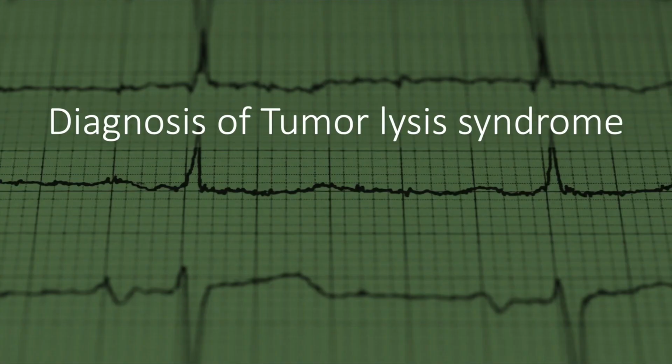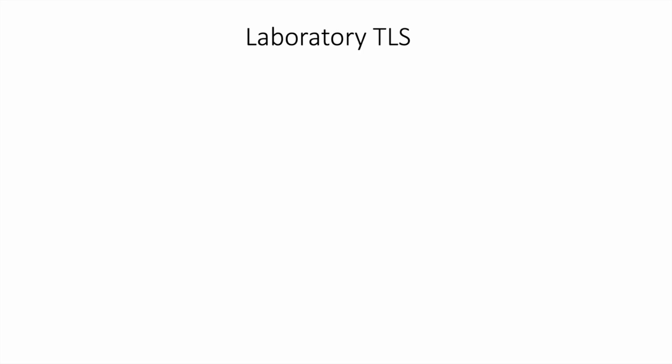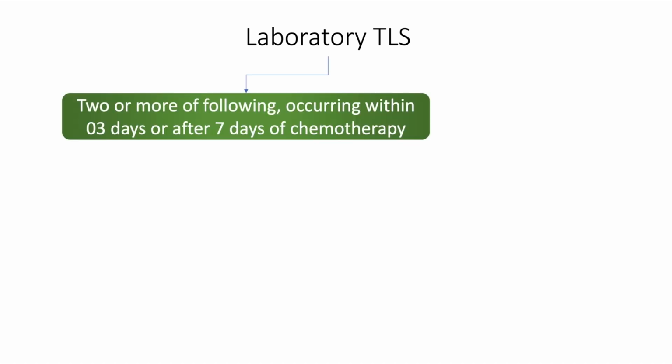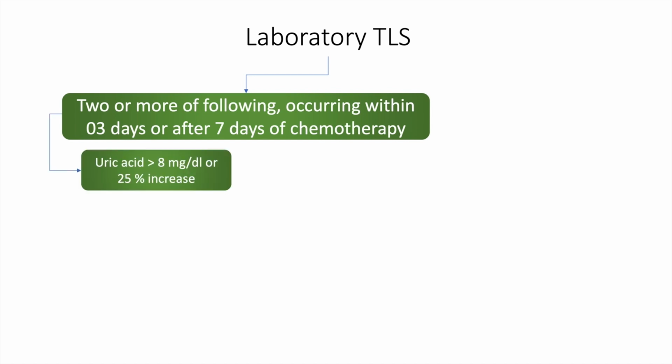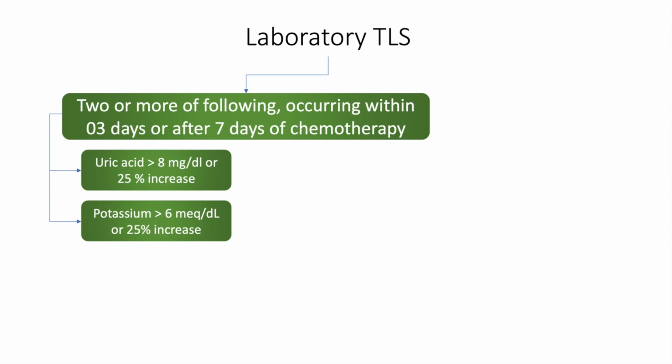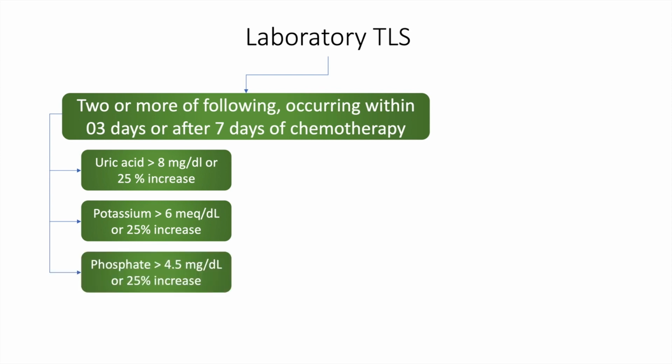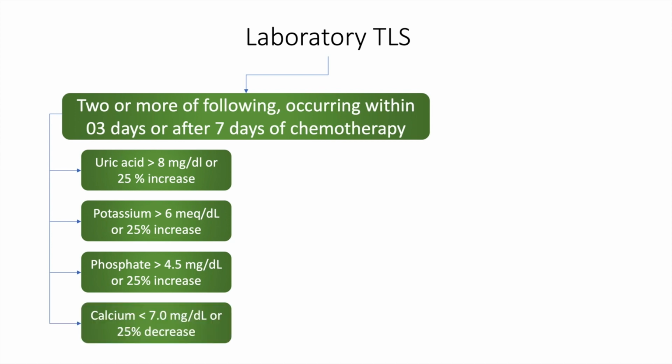The diagnosis of tumor lysis syndrome can be classified into laboratory TLS, which consists of having 2 or more of the following occurring within 3 days or after 7 days of chemotherapy. These include a uric acid of more than 8 milligrams per deciliter or a 25% increase, a potassium of more than 6 milliequivalents or a 25% increase, a phosphate of more than 4.5 milligrams per deciliter, and a calcium of less than 7 milligrams per deciliter or a 25% decrease.